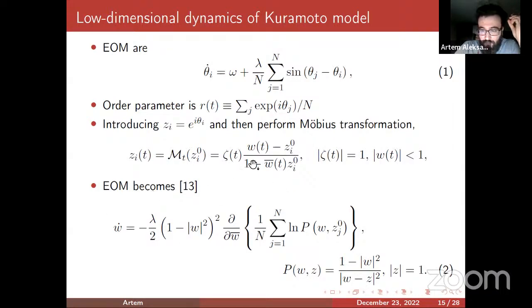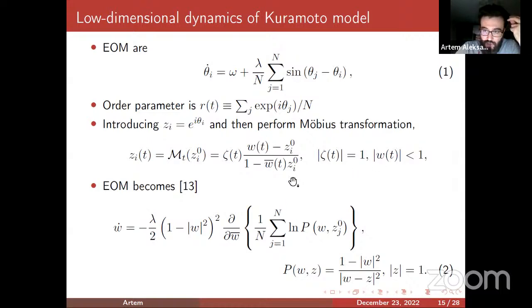Instead of considering the dynamics of n particles, I can consider two equations. The Möbius transformation has two parameters. One is a real parameter, zeta, and one is a complex parameter, w.